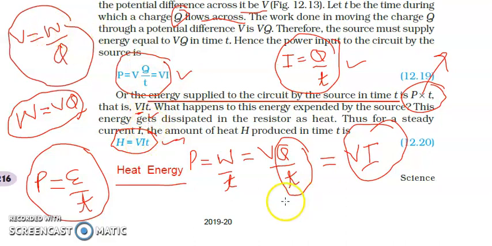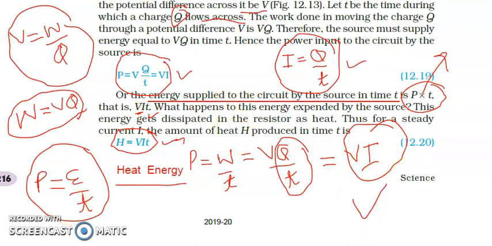We started from here. Work done was potential into charge, because potential is work done per unit charge. So we put work as V into Q upon t, and we replaced this Q by t with I, from this expression, to write V into I. So I guess this is clear.